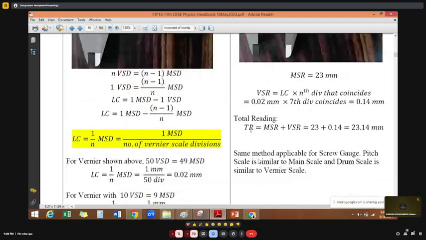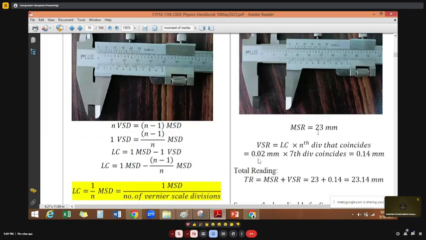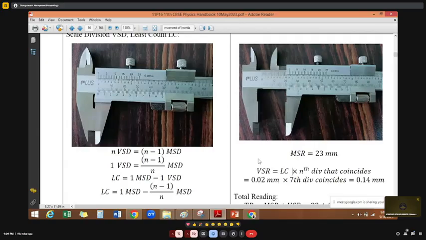If you want the total reading, you should do main scale reading plus vernier scale reading. How to find the vernier scale reading? Main scale reading is given as 5 centimeter. You should find where it is coinciding. So look at this. Maybe I will zoom it in.